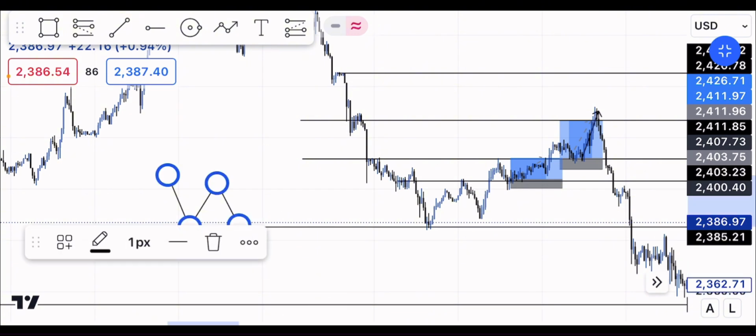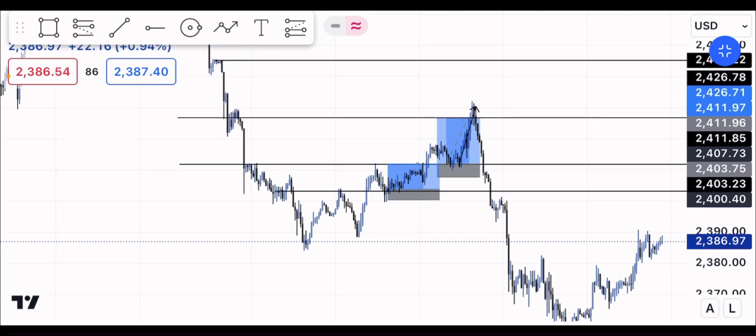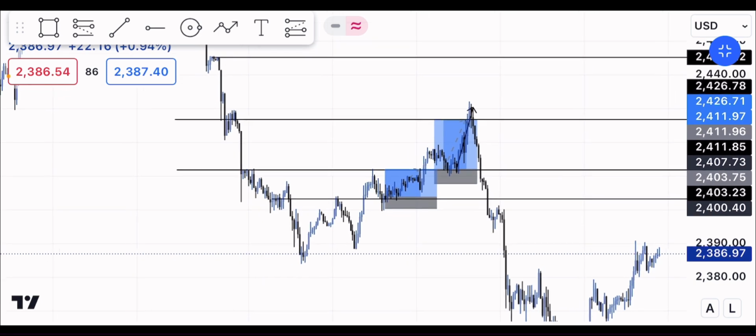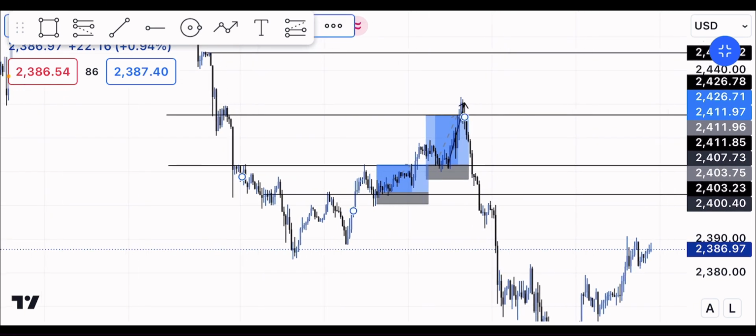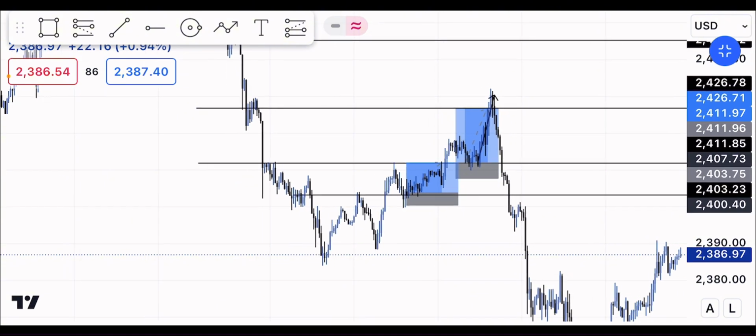So now let's dive into the live market. You can see my charts, a trade I took this week with that strategy. The first thing I take note of are my zones, my resistance and support zones. Before applying that method, you mark out all your key levels.